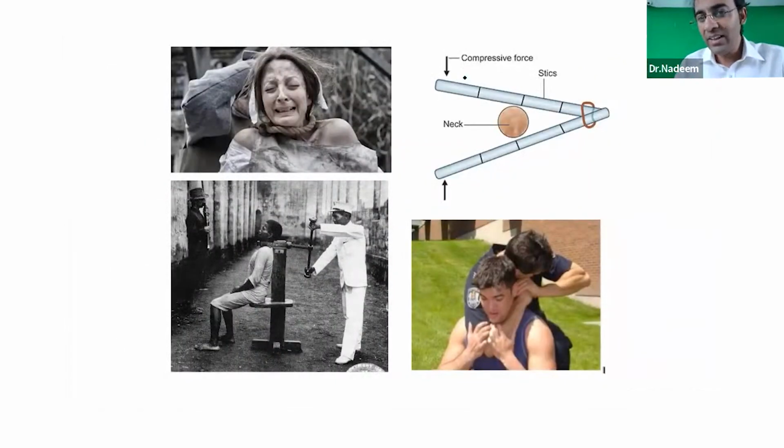See, there are different types of asphyxia. Now, if mechanically you throw a rope from behind and apply it around the neck, like in picture number 1, this is called garroting.